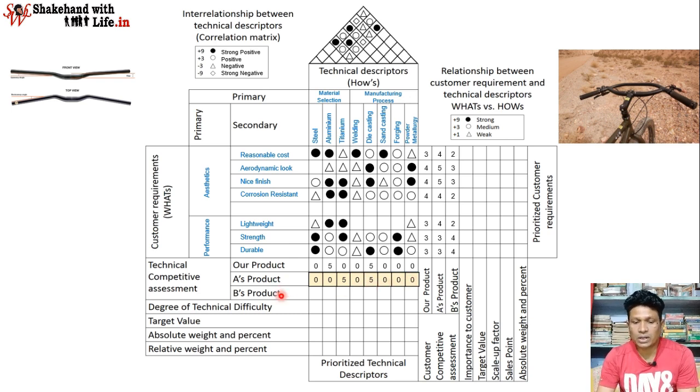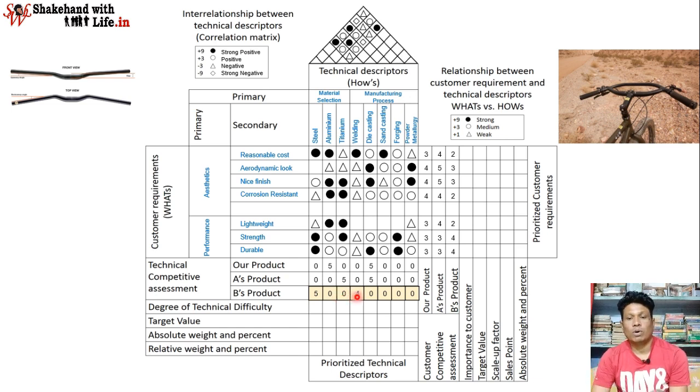Now if we study the technical competitive assessment for B's product, then we find that only for steel B's product rating is 5, and for aluminum and titanium it has a rating of 0.